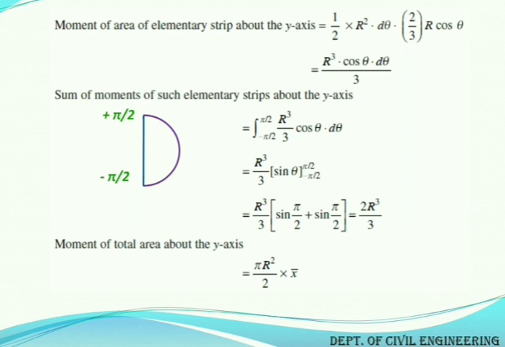Then in the last step we have to apply the principle of moments. So the moment of the total area is pi r square by 2, which is the area, into x bar. So now here what are we equating? 2r cube by 3 we are equating with pi r square by 2 into x bar.